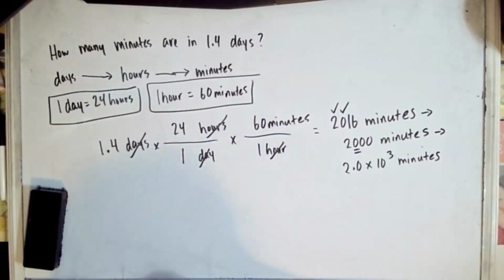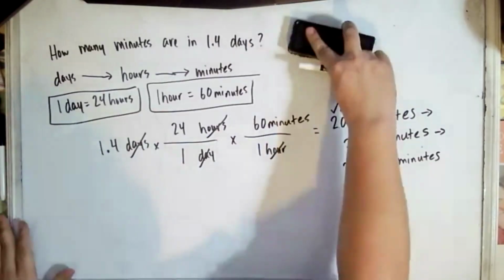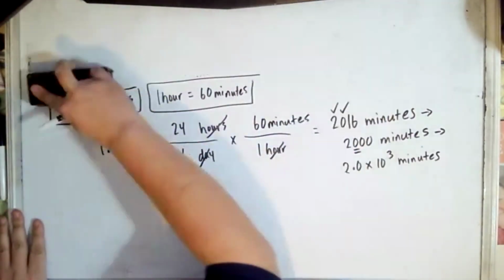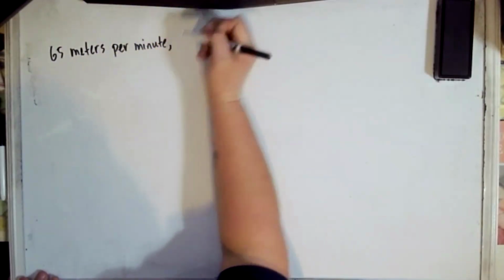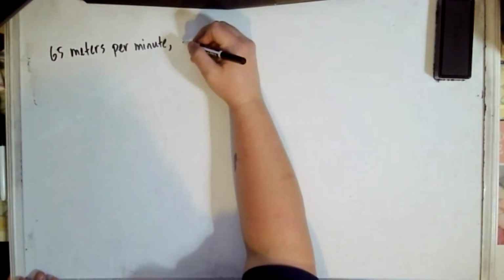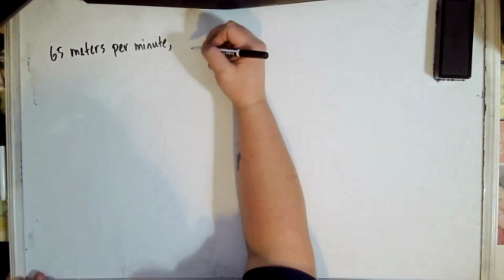Okay. Next question. If your pace on a treadmill is 65 meters per minute, how many minutes will it take for you to walk a distance of 7.5 kilometers?